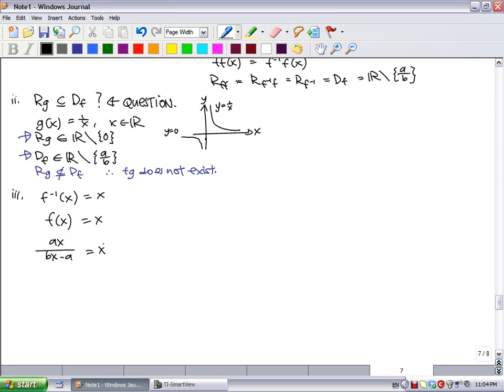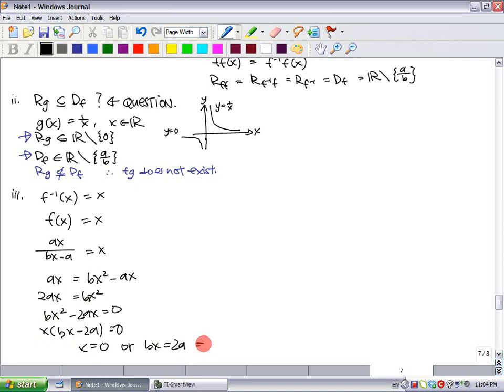So this is what you need to solve for. So you have two values, x equals 0 or x equals 2a over b.